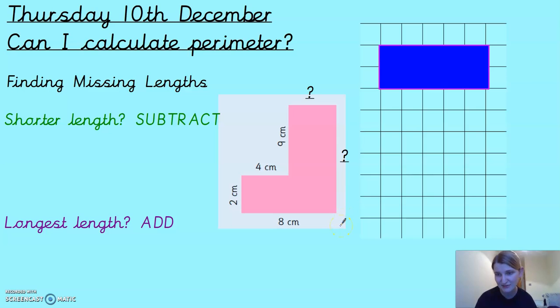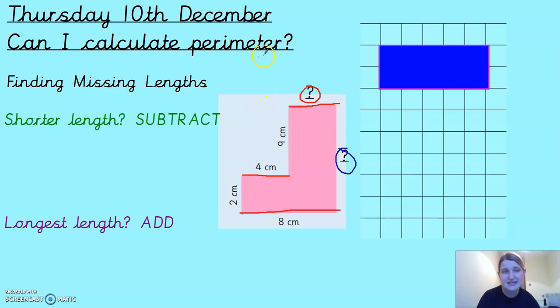Now, there is a really easy way to remember this, which I'm going to talk you through now. So if we look here, I'm going to give them two different colours. This one's going to be my blue. This one's going to be my red. Now, if we start by looking at my red, if I look at the direction this line is moving, you can see I've got three lengths going across.